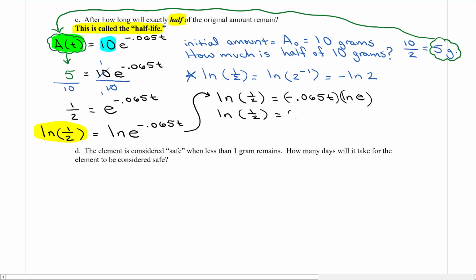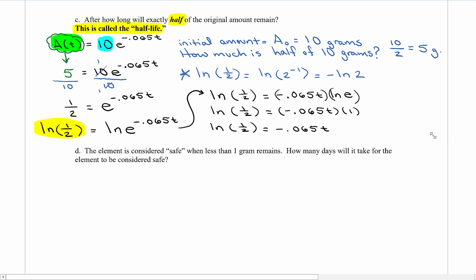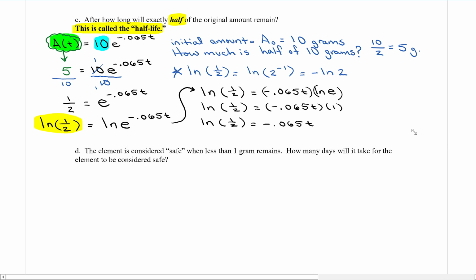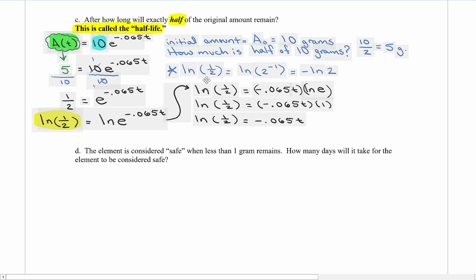And then I'm going to write down the natural log of 1/2 equals negative 0.065 t times 1. And then the natural log of 1/2 equals negative 0.065 t. I'm going to lasso all the work that I've done up to this point for this problem C. I'm going to shrink it, and I'm going to move it slightly to the left so that I have more space to write.